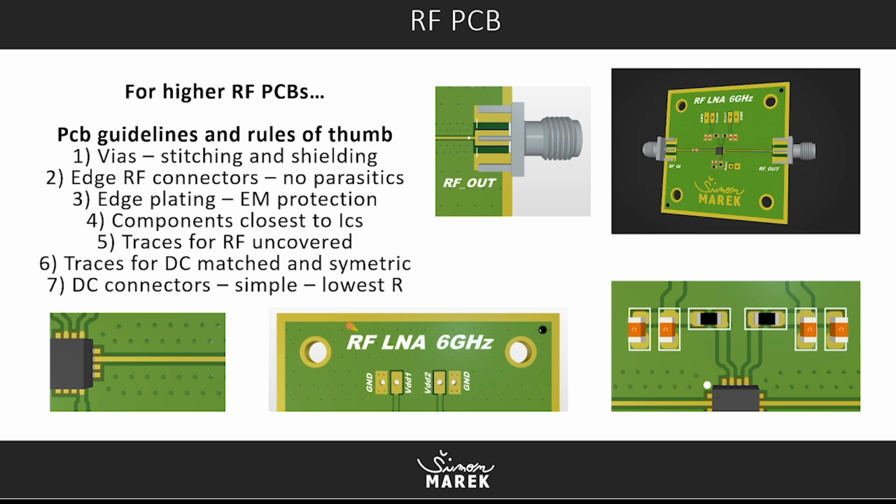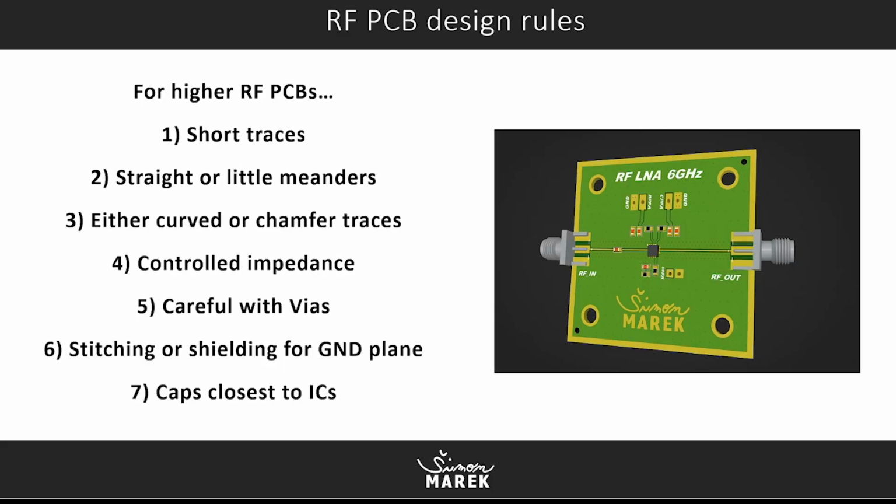Traces for DC matched and symmetric style. Also DC connectors, simple and lowest impedance as possible. So there are some RF PCB design rules for mixed signal boards: short traces, little meanders, and controlled impedance, of course. And this is basically it.